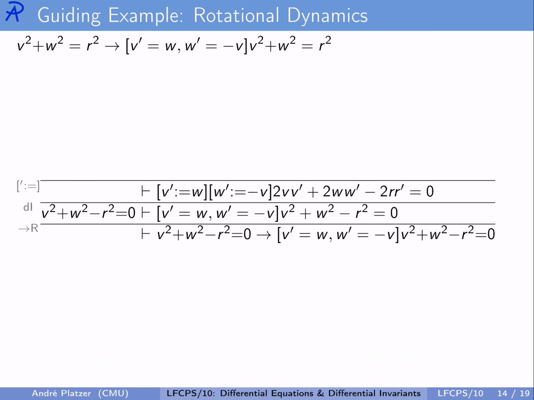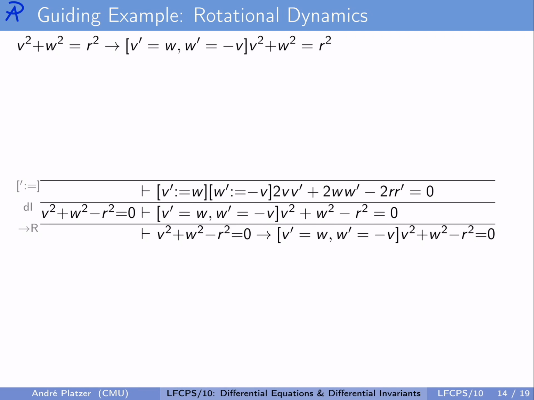So we did form the differential of v squared plus w squared minus r squared, and we used the equations for differentials to say, well, the differential of v squared is just the differential of v times v, and that is, do it yourself in an exercise, 2v times v prime plus 2w times w prime minus 2r times r prime.